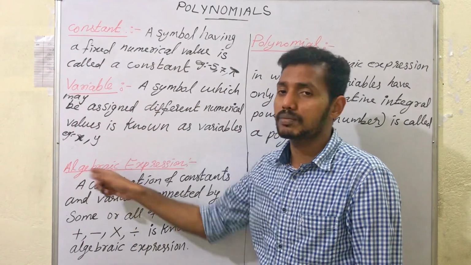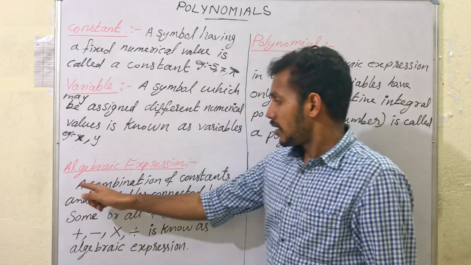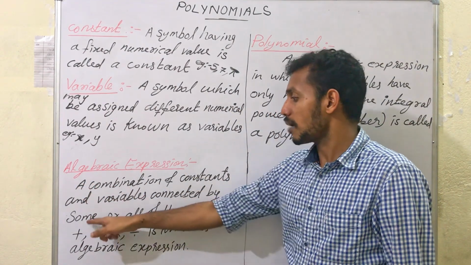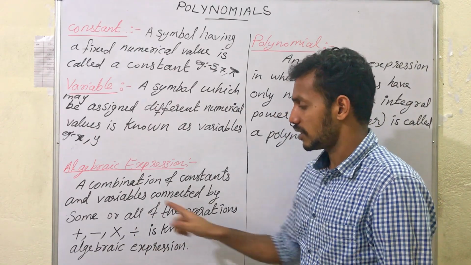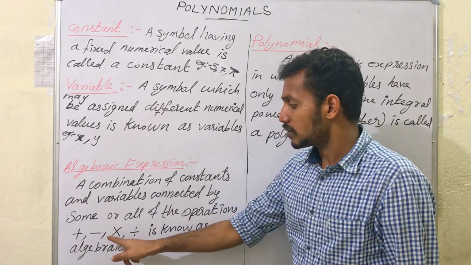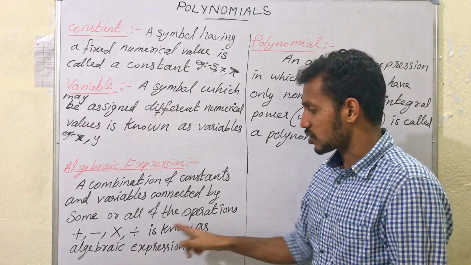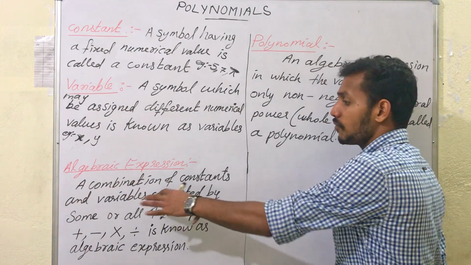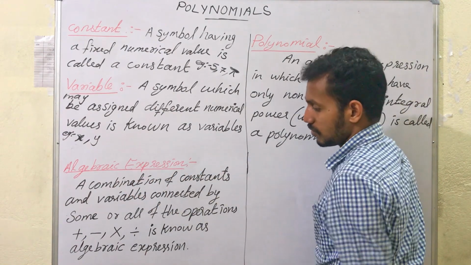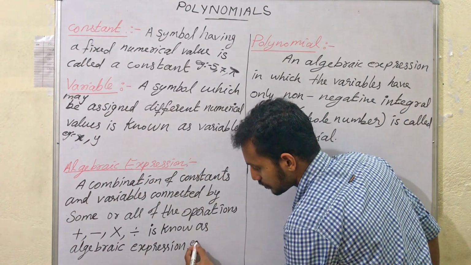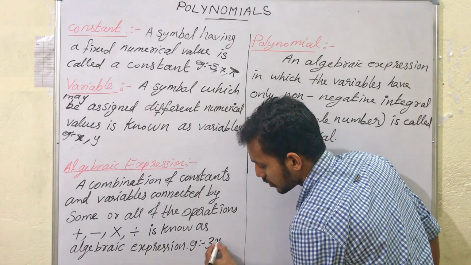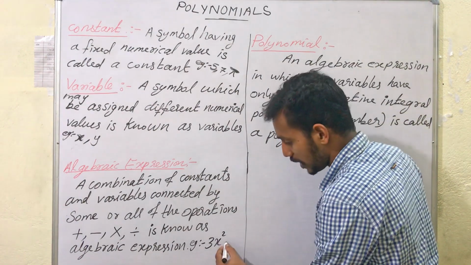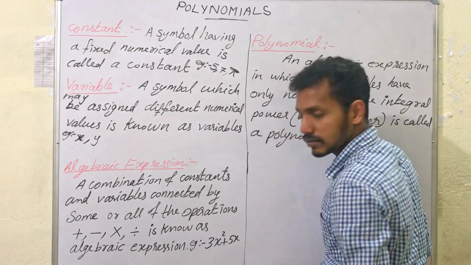Then what you have learned: algebraic expression. It is a combination of constants and variables connected by some or all of the operations addition, subtraction, multiplication and division. For example, 3x square plus 5x.